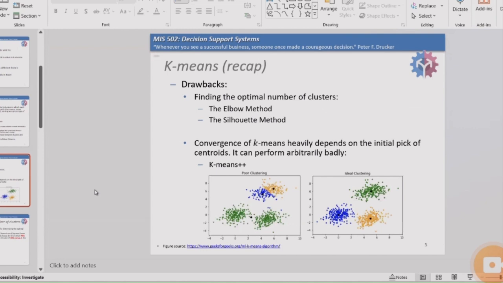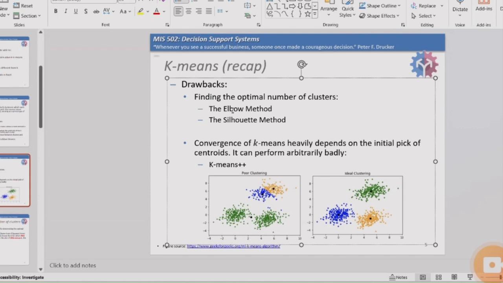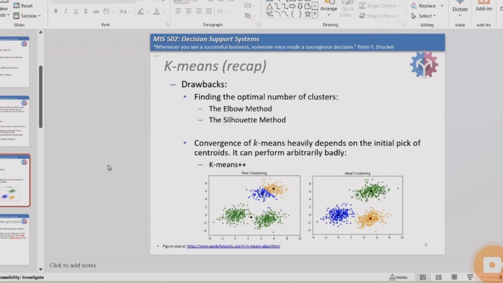It doesn't work like this. It still has to make sense. I showed you that we can draw a graph, and maybe I can see 2 clusters, 3 clusters I can pick. But if you cannot draw graphs because it's 3-dimensional, 4-dimensional, large data sets, then we can make use of 2 techniques. One of them is called the elbow method, and the other one is called the Silhouette method.